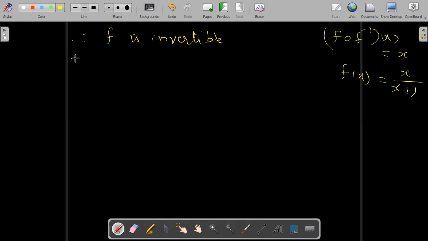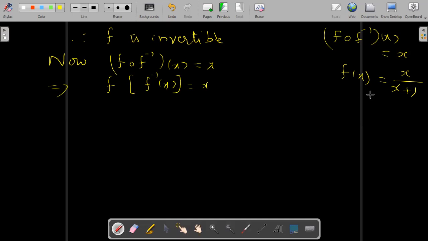Okay. So now f composite f inverse of x is equal to x implies that f of f inverse x is equal to x.